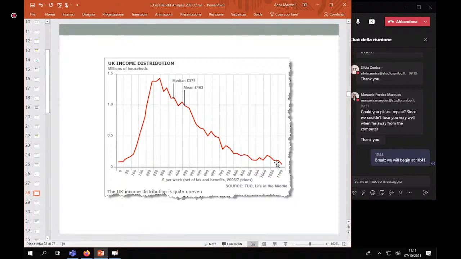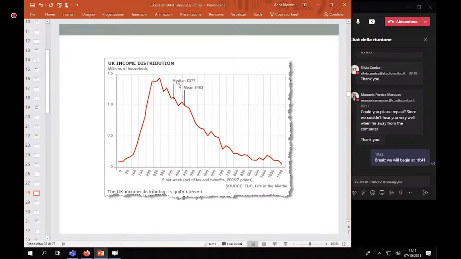With a long tail on the right, the median value is below the mean. If I consider the mean, it seems that UK households are quite rich, with a mean income equal to 463.